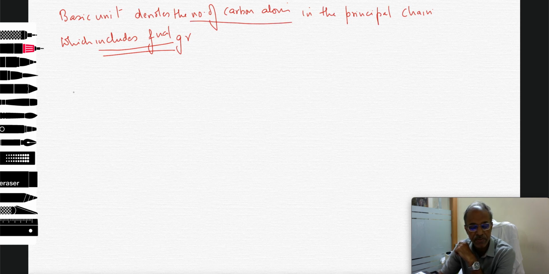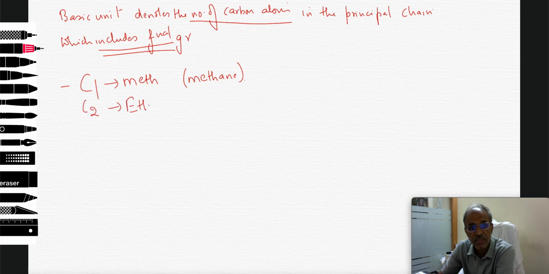For example, if there is one carbon present, then it will be known as meth, because it has come out from one carbon atom, means methane. Similarly, C2 will be known as eth. Ane is deleted, then eth.